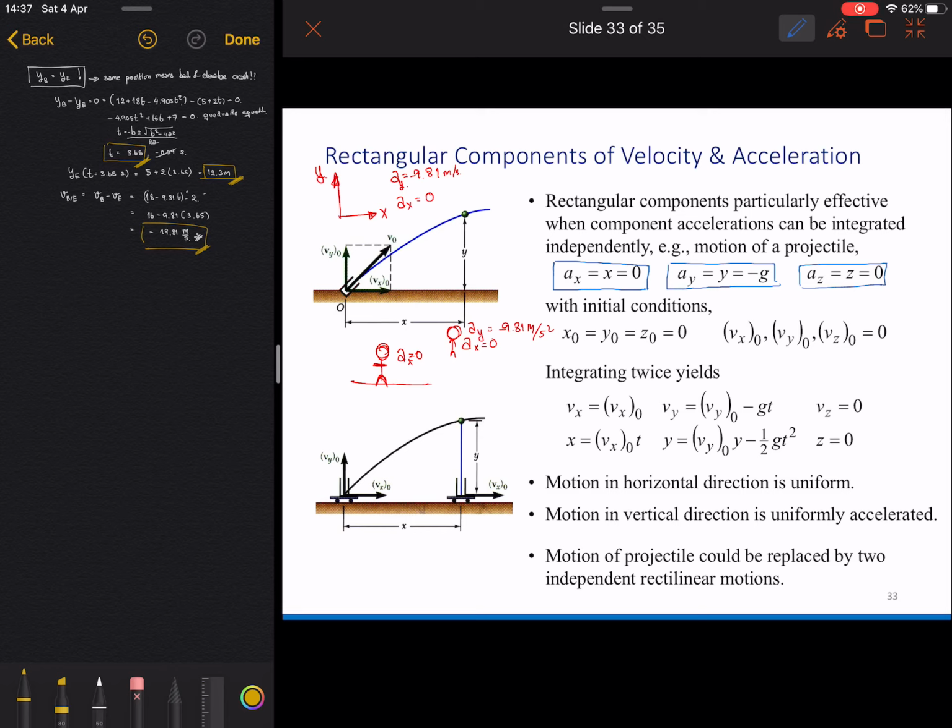And also the initial conditions, but this depends on you, because normally when you are starting at this point, you always set the coordinates directly to this point, meaning you always start at x0, y0, z0 equal to 0.